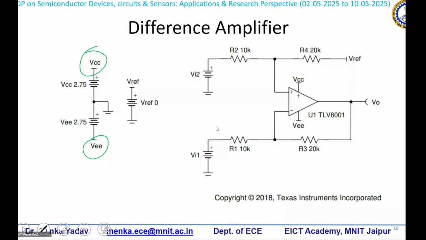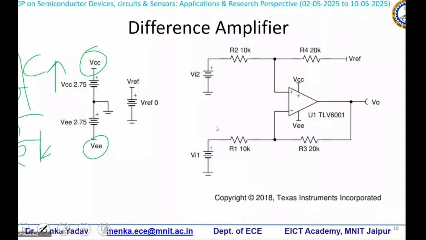Emitter is the negative supply, because the most commonly used transistor is NPN. For an NPN transistor, we are expected to keep our emitter at low and collector at high.